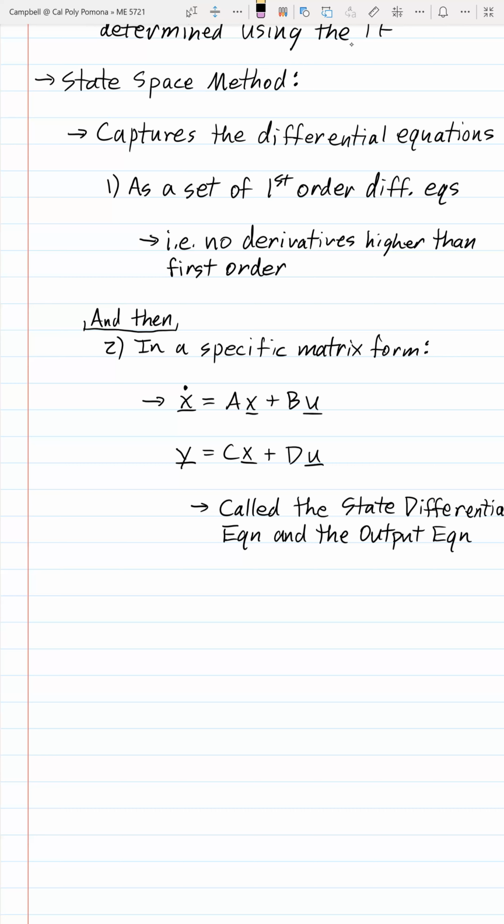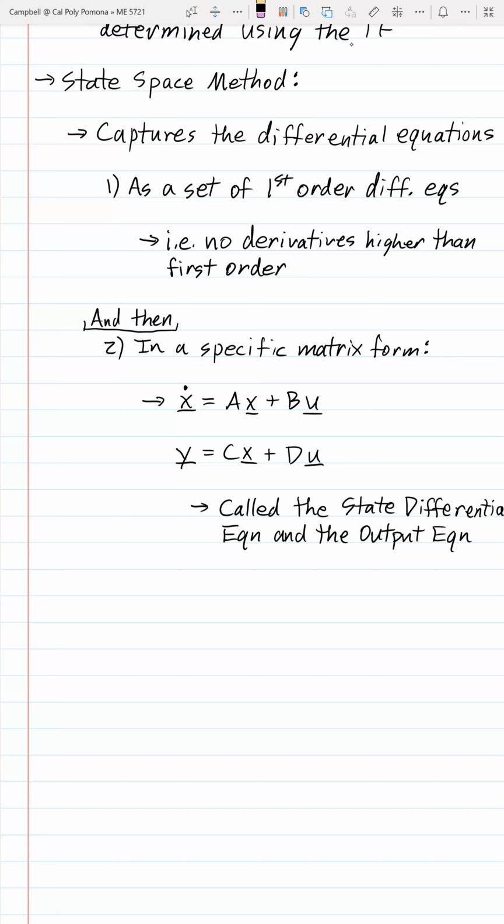And then we have the output equation, where of course we have the y vector related both to the x vector and the u vector through the C and D matrices. So these are clearly matrix equations, just one of them is a matrix differential equation. So that is a very interesting equation indeed.